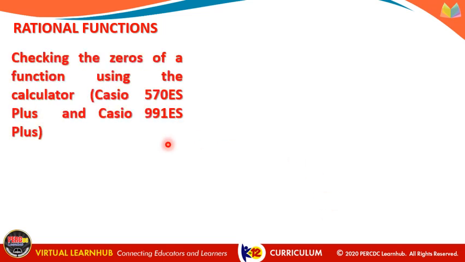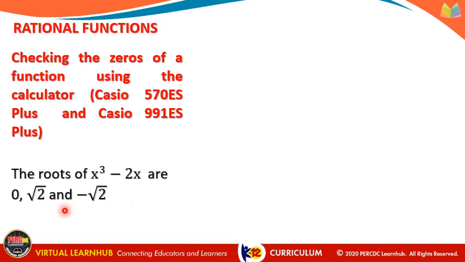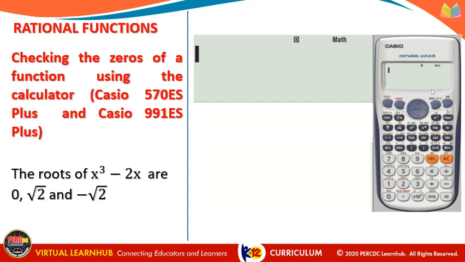Again, ito po ay para sa Casio 570 ES Plus at Casio 991 ES Plus. Let's confirm na ang roots nga ng x cubed minus 2x ay 0, square root of 2 at negative square root of 2. Pakisundan na lang itong calculator natin.